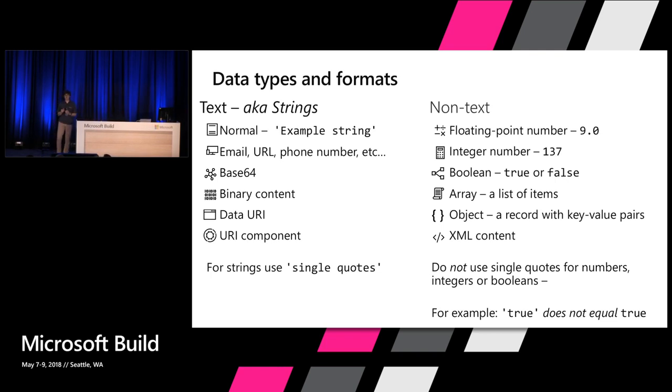So it's a little different from other languages where oftentimes it's double quotes, but it's something that's important for a reason I'll mention in the future. So one final note here, because of data types, the string true does not equal the token true. So make sure that you're putting the proper data types in when you're constructing strings directly.